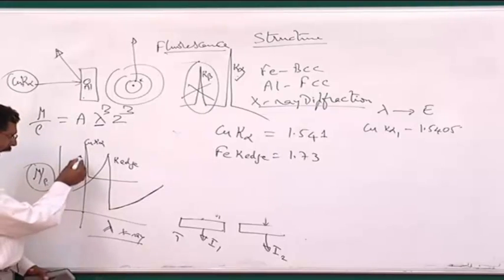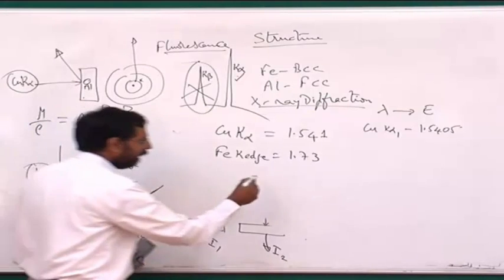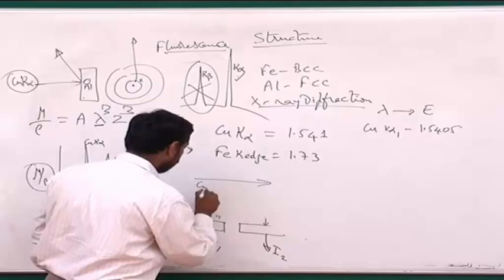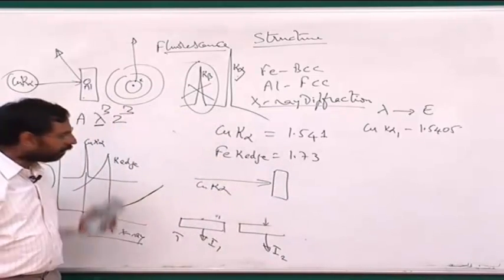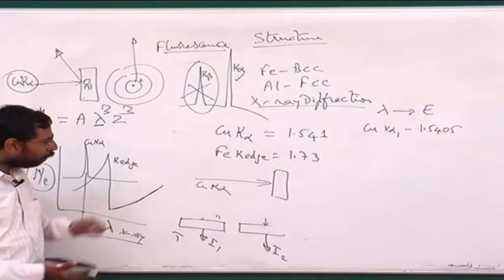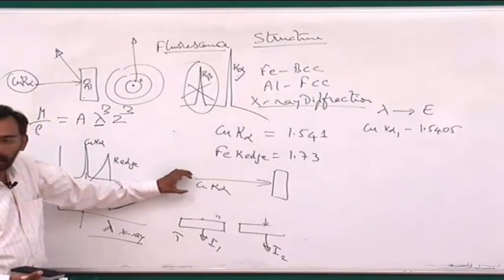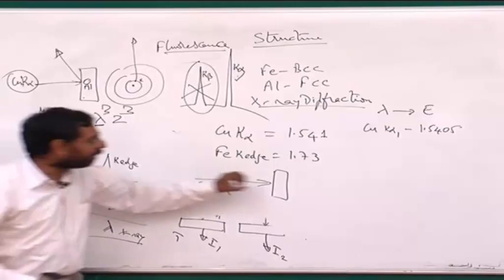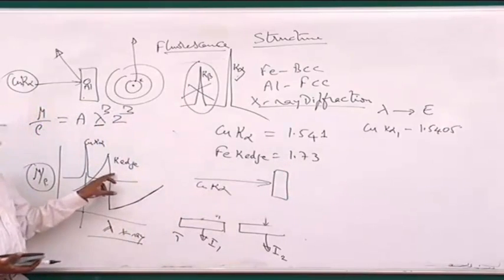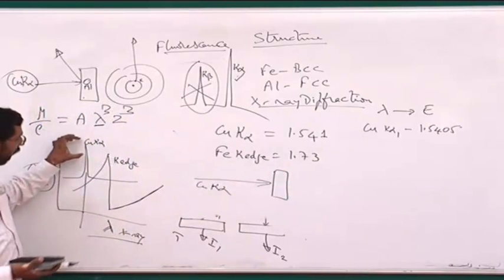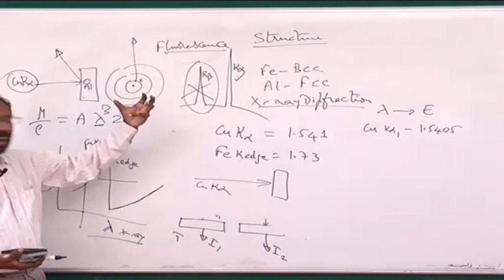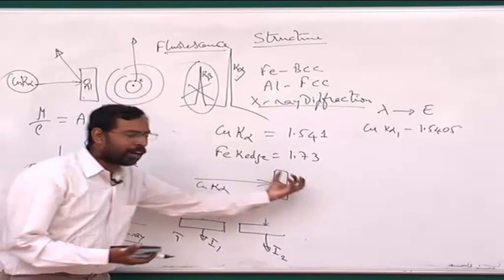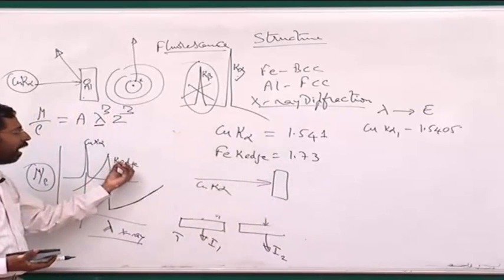So when I am sending an X-ray of copper K alpha onto an iron sample, the energy of this copper K alpha is such that it can knock off an electron from the K shell because it has a higher energy. The lambda is lower means the energy is higher. So as a result, it can knock off an electron from the K shell of an iron.